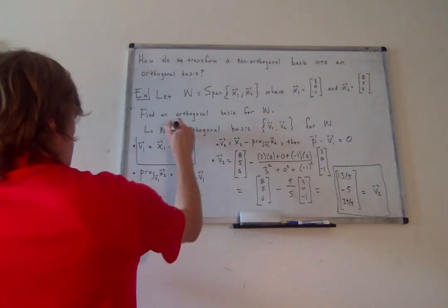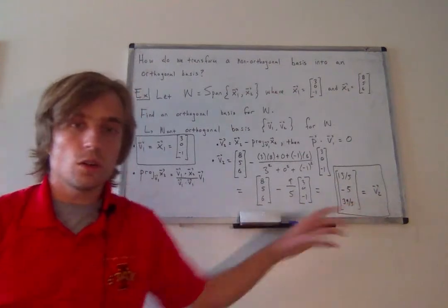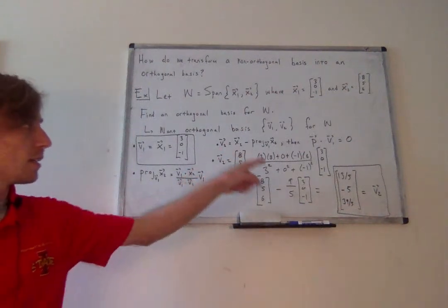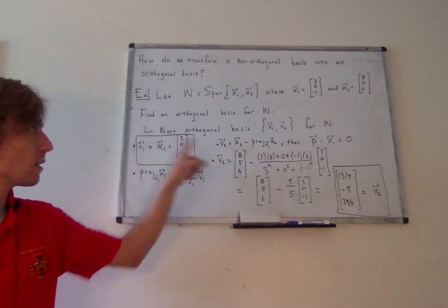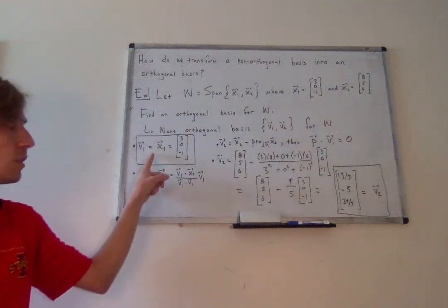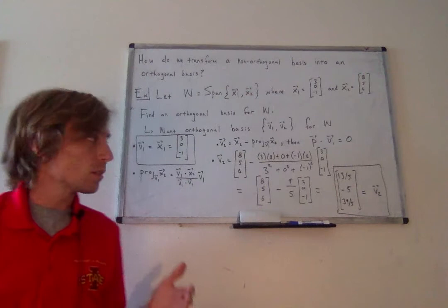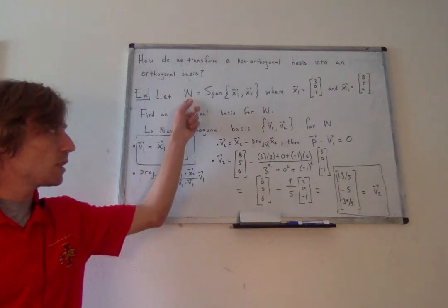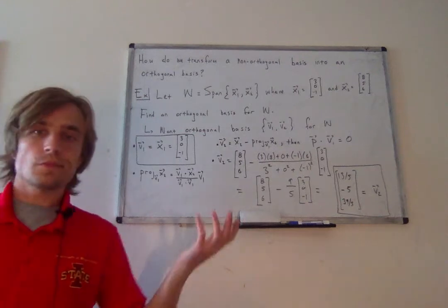And so notice v1 and v2 are orthogonal. And as I've already explained, the way we generated this vector v2 means that the span of v1 and v2 is equal to the span of x1 and x2. So these two vectors, v1 and v2, form an orthogonal basis for the same set W that was originally spanned by basis x1 and x2.